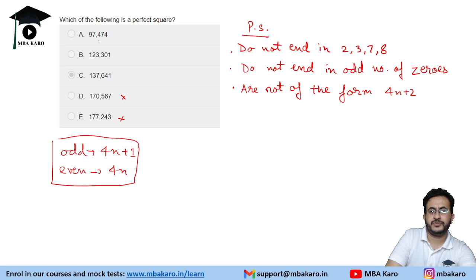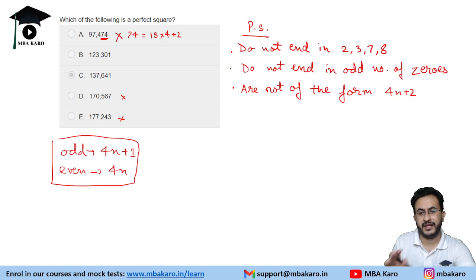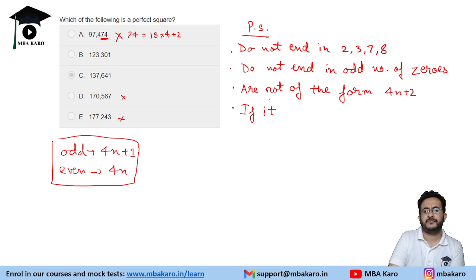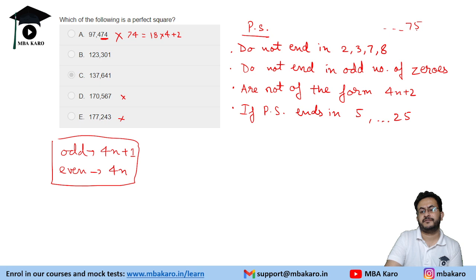Now if you see 74, when you divide by 4, it is 18 into 4 plus 2, right? So when you divide by 4, you get a remainder 2. So this is also not a perfect square. So we have eliminated three options. One more rule is that if a perfect square ends in 5, it should end in 25, right? So you cannot have a perfect square ending in 75. Okay, so these are some rules that one must know.